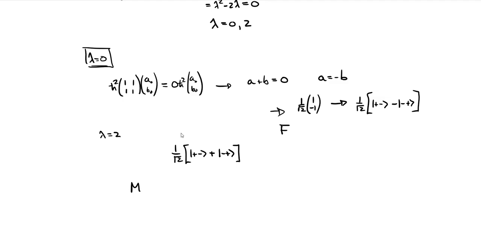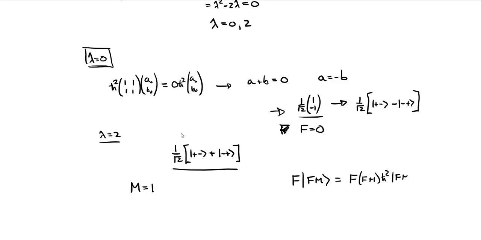So for this state, we have the f equals 0 quantum number. And for this state, we have the m equals 1 quantum number, because remember, the eigenvalue equation is f times f plus 1 h bar squared operating on f m. So this 2 is actually f equal to 1 here, right? F is equal to 1.